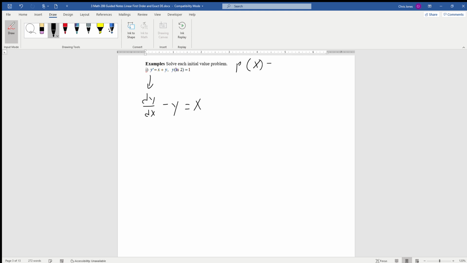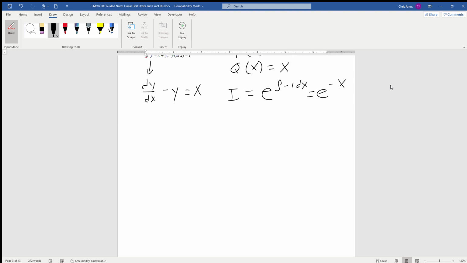P of x is the coefficient of y, which is -1. Q of x is the function on the right-hand side of the independent variable, which is x. The integrating factor I is e to the integral of -1 dx, or e to the minus x. Unfortunately, this makes this problem a little bit tougher than the previous.